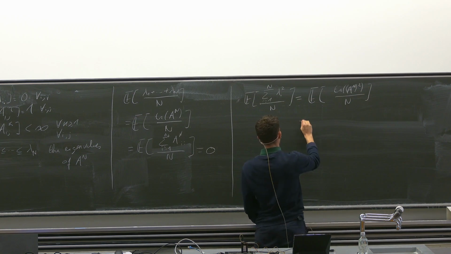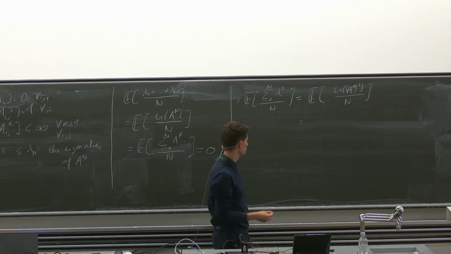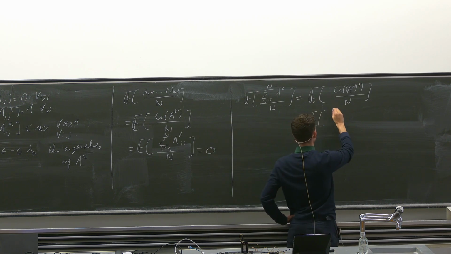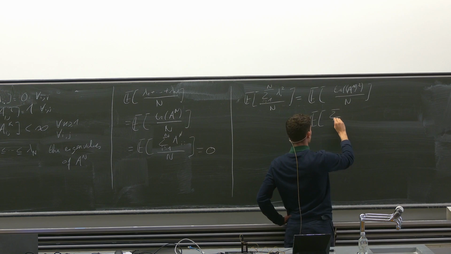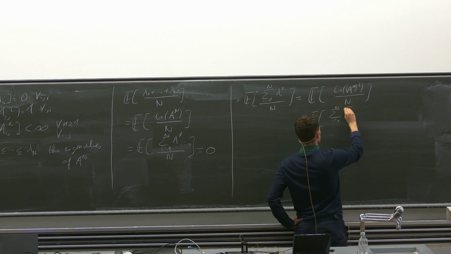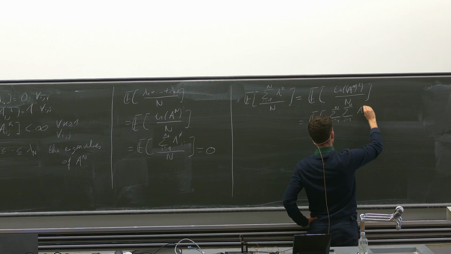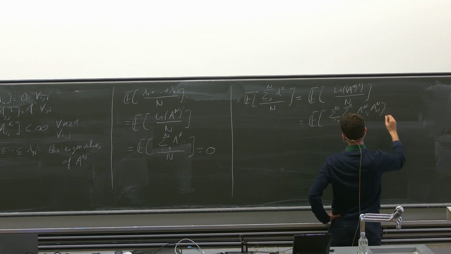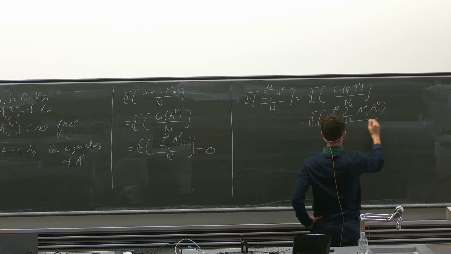Okay. And now by the definition of matrix multiplication, this is just equal to the expectation of the sum over i equals 1 to n, sum over j equals 1 to n of a_ij a_ji. And we divide everything by n still.